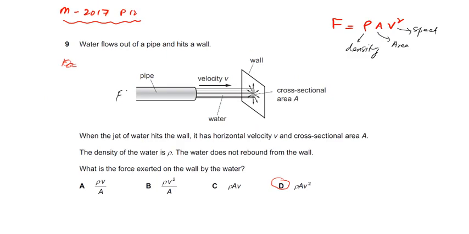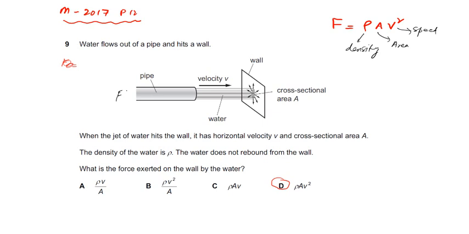So this is having a constant velocity, and this is a pipe and this is a wall. When a jet of water hits the wall, it has a horizontal velocity v and cross-sectional area A. The density of water is rho. The water does not rebound from the wall, so there is no change in momentum.